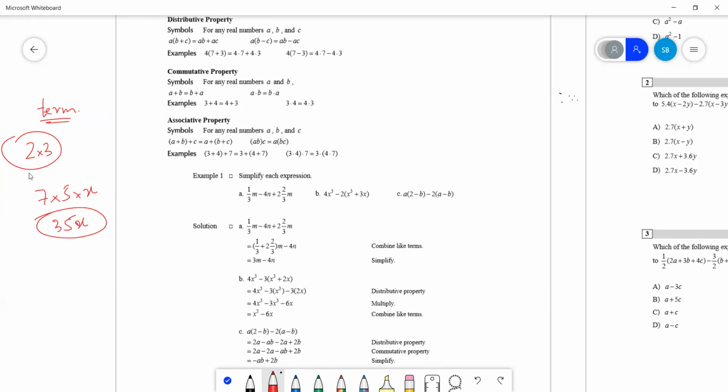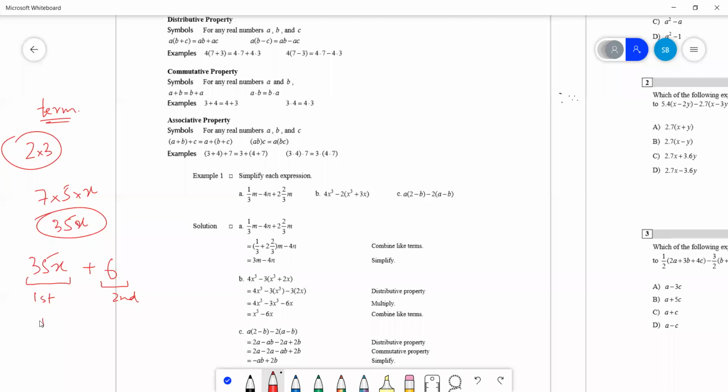It is one term. So if you put these terms together, for example, 35x plus 6, now you're having two terms, 1 and 2. This is the first term, this is the second term. So we're combining the terms. Now, how can we say two terms are same or two terms are different?